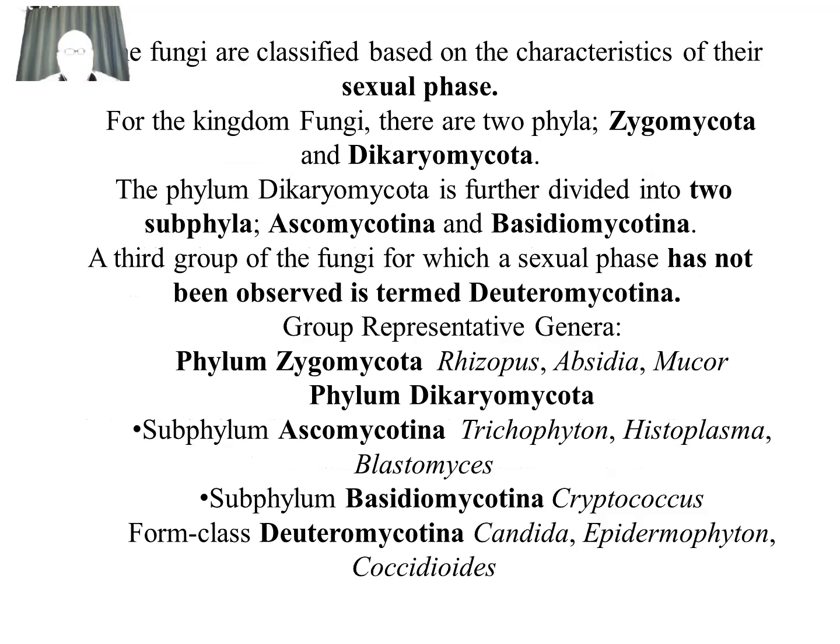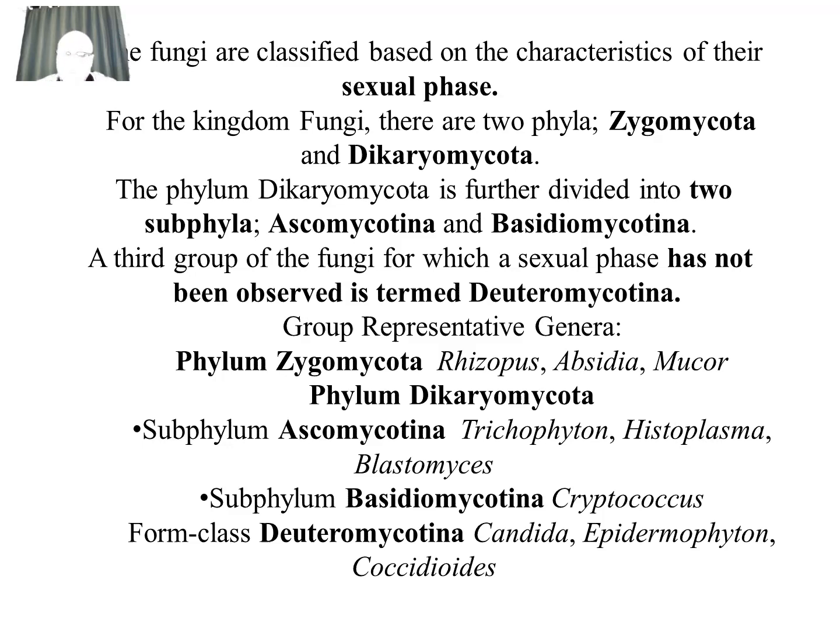For the kingdom of fungi, there are two phyla, that is Zygomycota and Deuteromycota. The phylum is further divided into two subphyla, for example Ascomycotina and Basidiomycotina. Another group of fungi for which a sexual phase has not been observed is termed the Deuteromycotina.